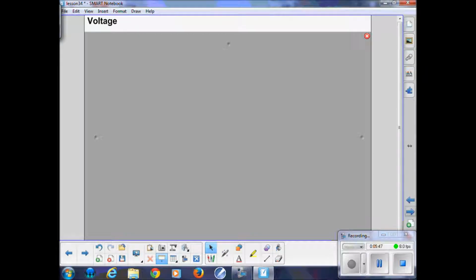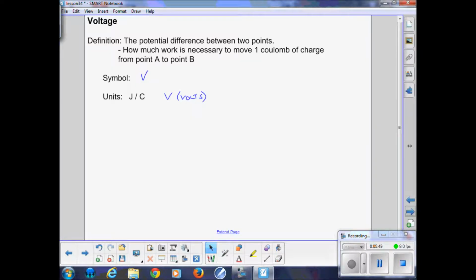Voltage. We then talked about voltage. The definition of voltage is the potential difference between 2 points. So how many pretzels do you have left after you went over the chair? That goes back to our analogy in grade 11. How many volts did the electrons have before the resistor? How many volts does it have after the resistor? So it's how much work is necessary.